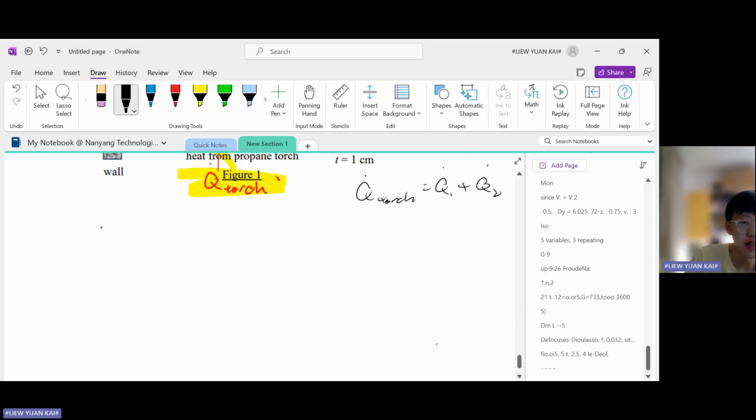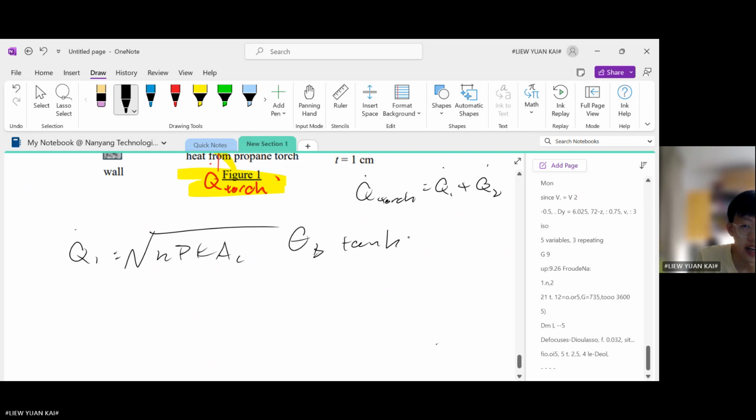Using the formula, you copy it down: theta B tanh(mL). Then plug in the numbers.